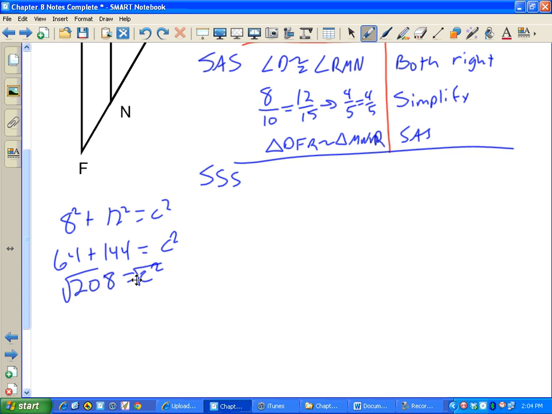Square root both sides here. 4 goes into this 52 times. 52 is 13 times 4, so now I've got a pair of 4s. This is 4 square root of 13.